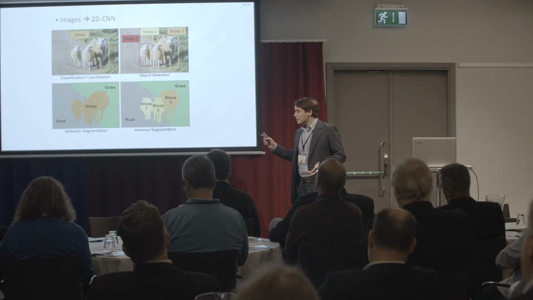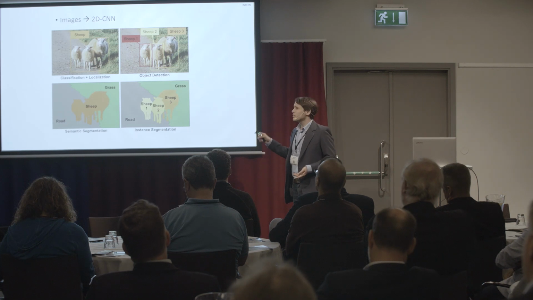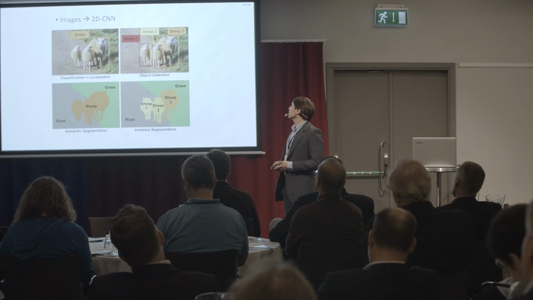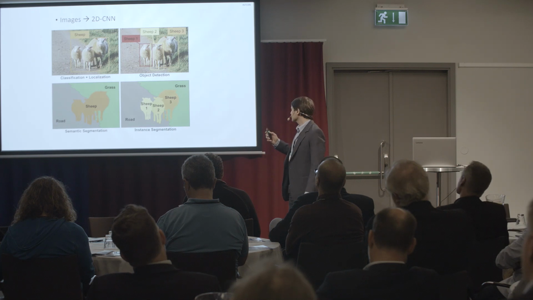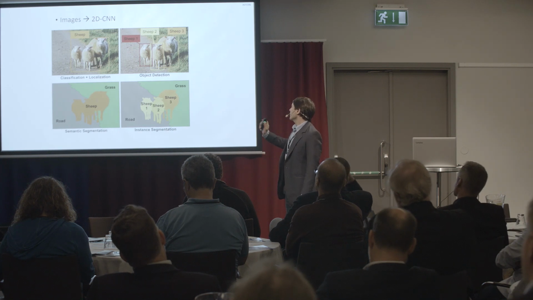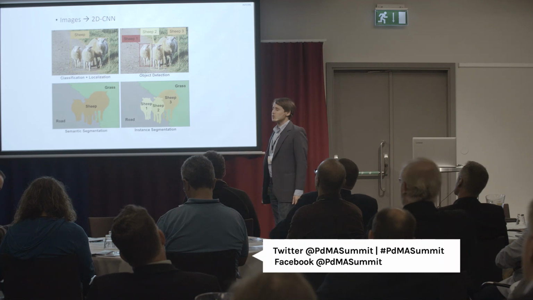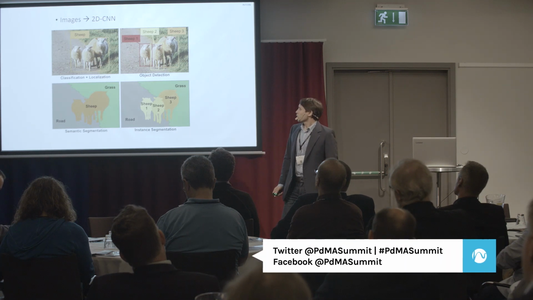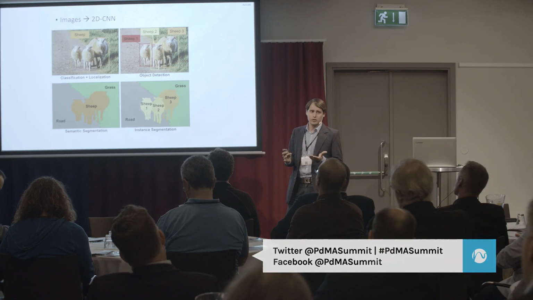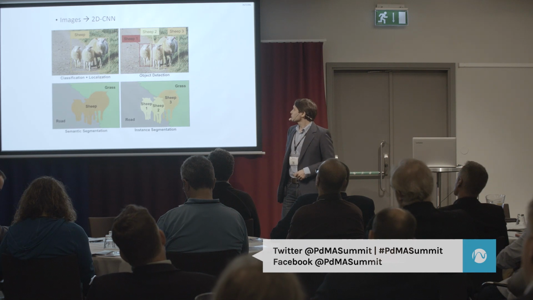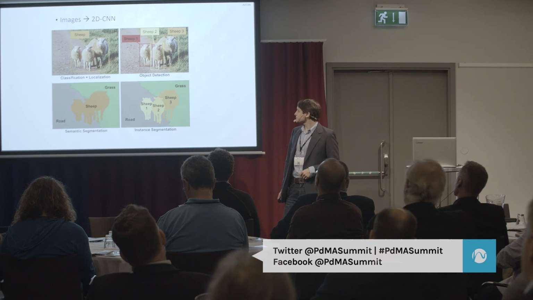So first I will talk about what deep learning can do in computer vision, because this is where it really excels. And so here we have classification and localization, or actually we could start with classification only. So classifying in each image which object is there. So for example, sheep in this case.